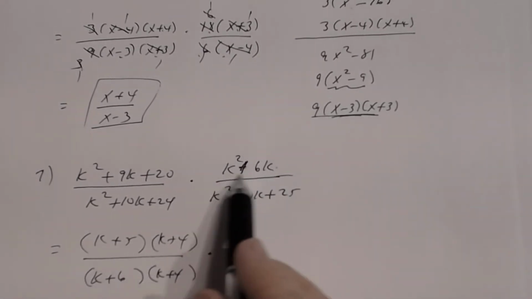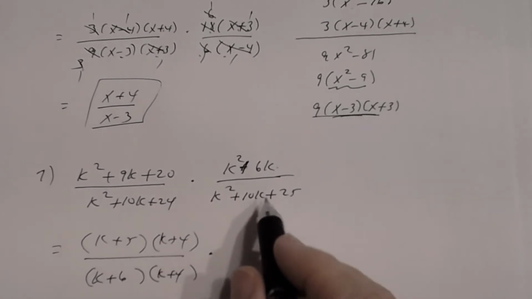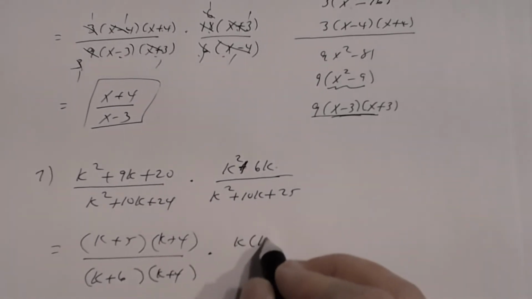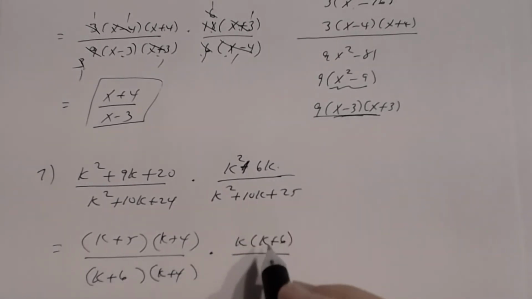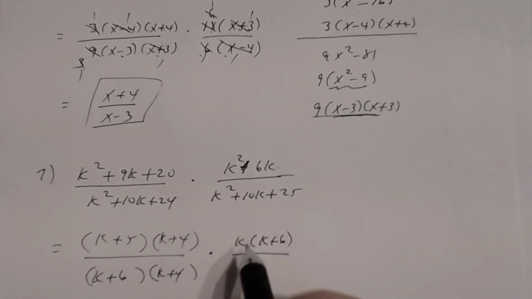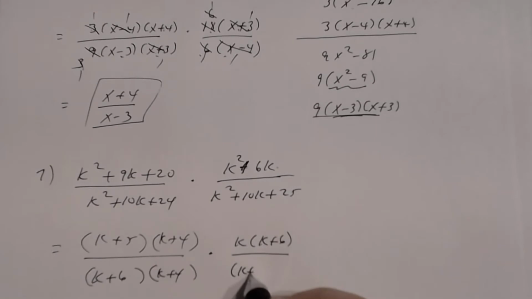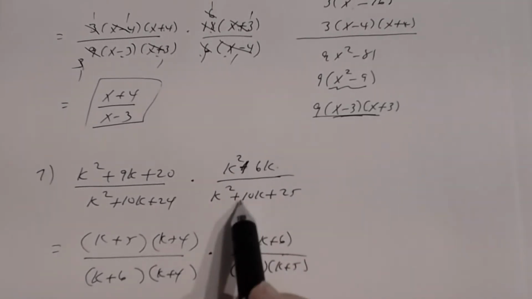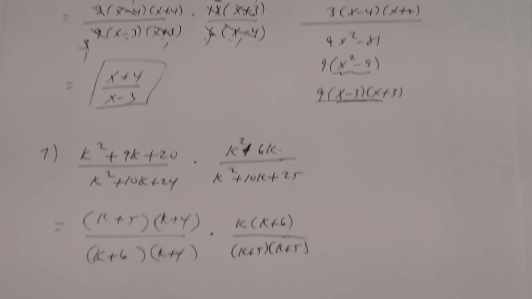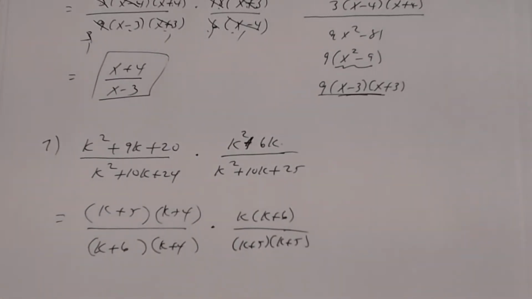The numerator looks like I can factor out a k, so I get k times k plus 6. The denominator looks like a perfect square trinomial, so it'll be k plus 5 times itself, right? Okay, so that is going to give me this.